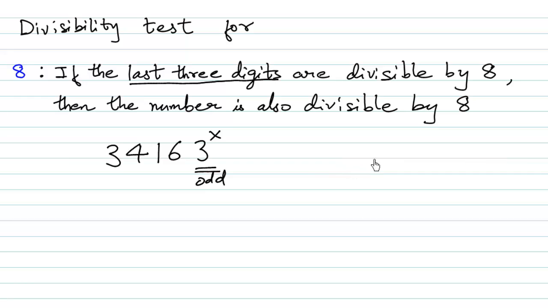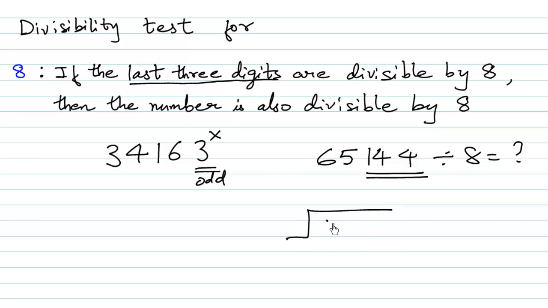But let's say we have 144 and we have 65 in front of it, 65,144, and we want to know whether it is divisible by 8 or not. Then just look at the last three digits and just divide them by 8.